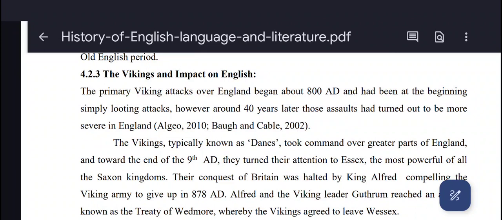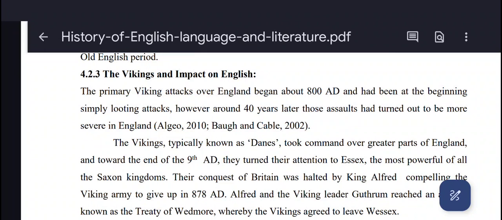The Vikings, typically known as Danes, took command over parts of England, and towards the end of the 800s AD, they turned their attention to the most powerful of all the kingdoms.